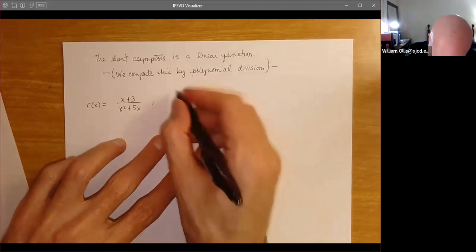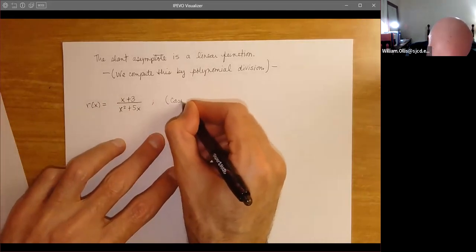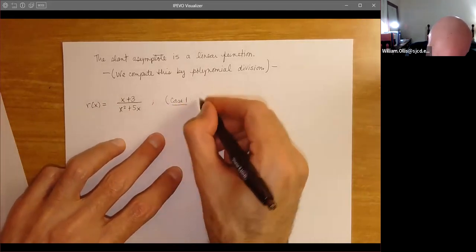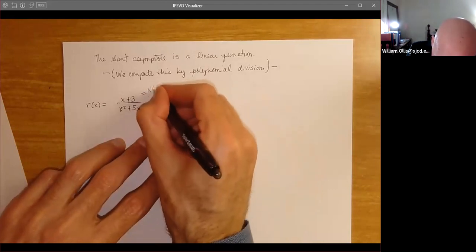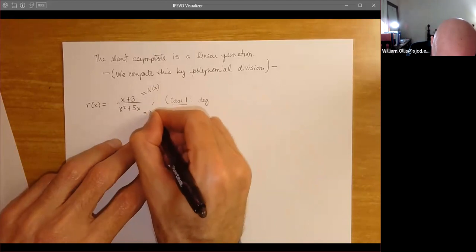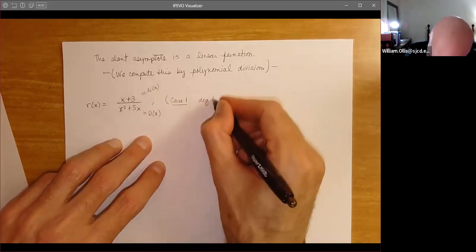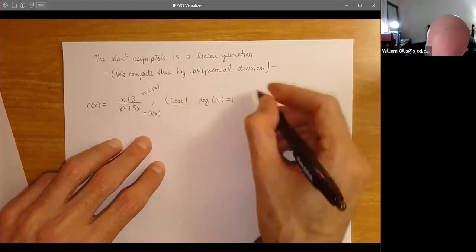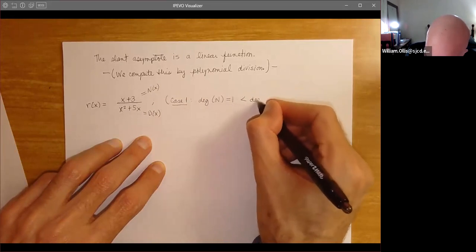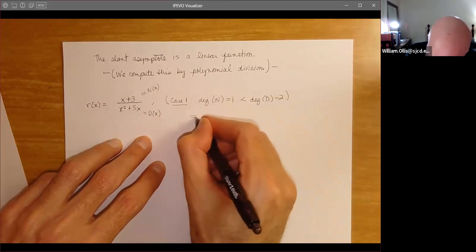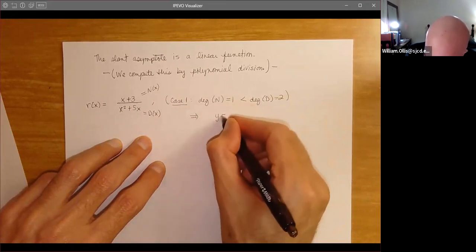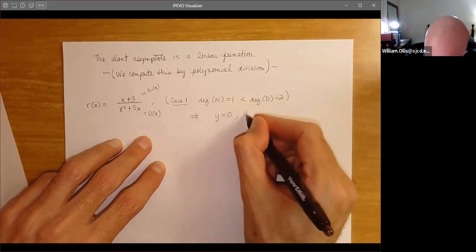This is case 1. If you like, you can call this one n of x and this one d of x. Degree of n equals 1, which is less than the degree of d, which equals 2. So this implies y equals 0 is the horizontal asymptote.